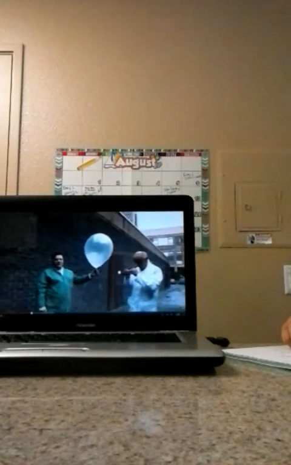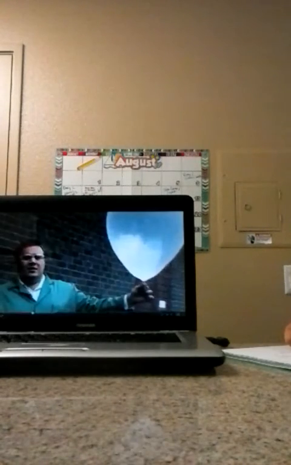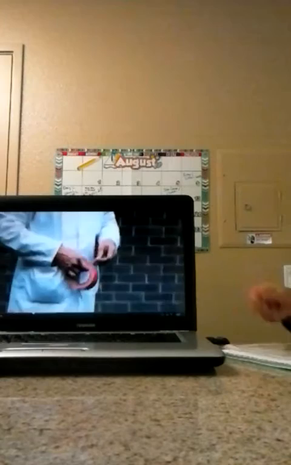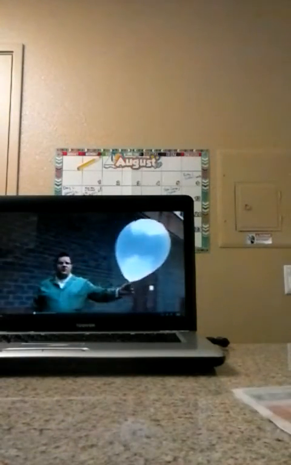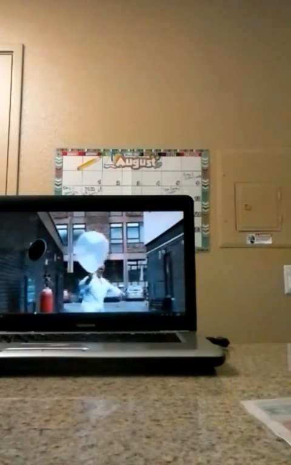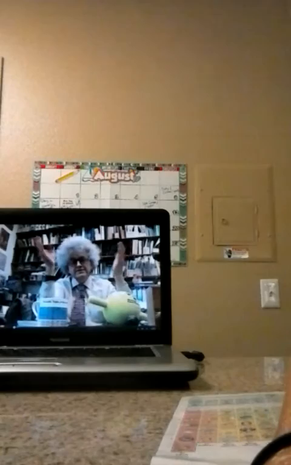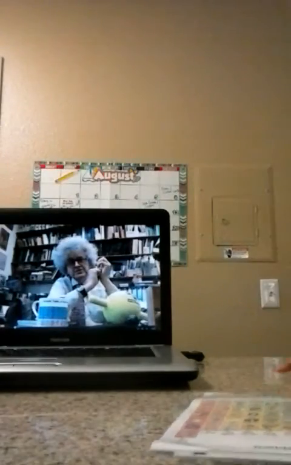So here we have a rather large balloon of hydrogen. Neil is just preparing our electric match, which we're going to attach to the side of this balloon. And some of the biggest explosions in the 20th century were in fact explosions caused by hydrogen and oxygen.